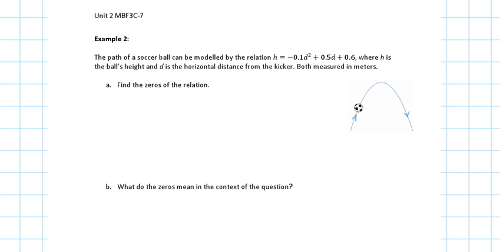Give me the vertex form. And I'm going to ask you this for the last time. What can I find from the vertex form? The vertex. Which is my maximum point, right?